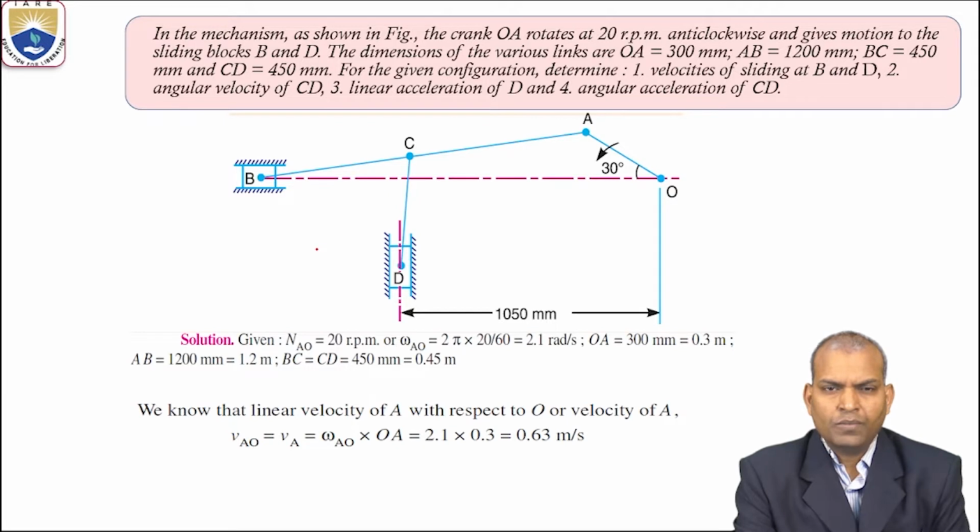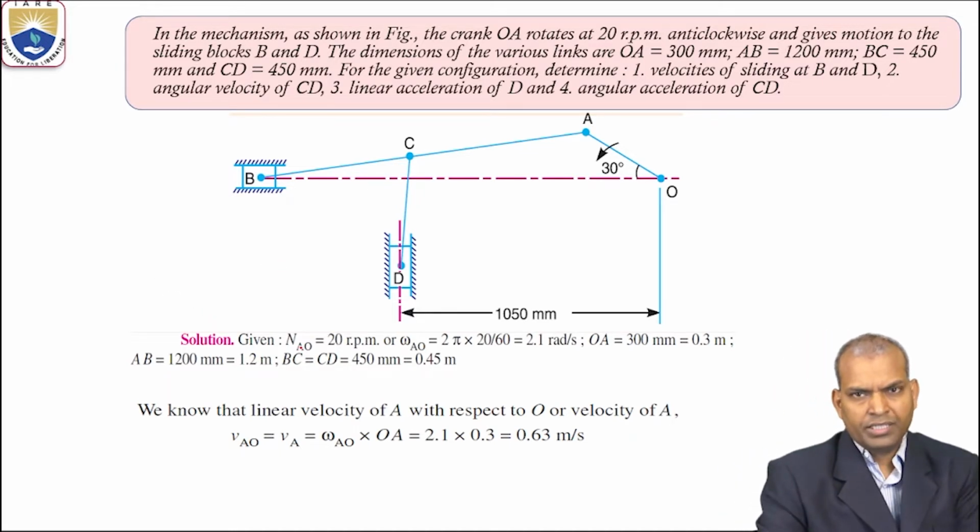So the objectives consist of the various velocities and also accelerations of the links. That means it requires an acceleration diagram and a velocity diagram.